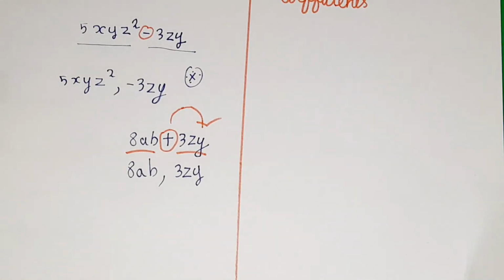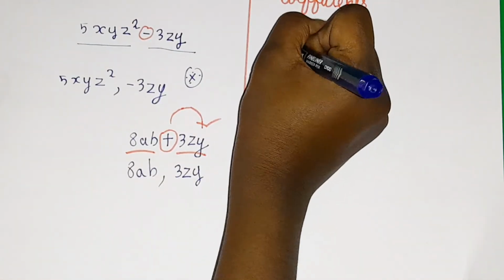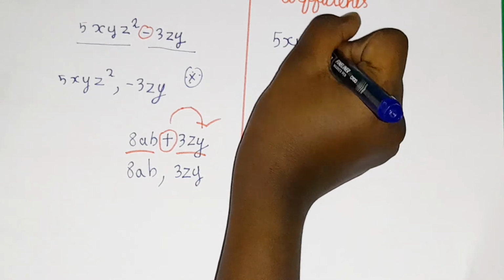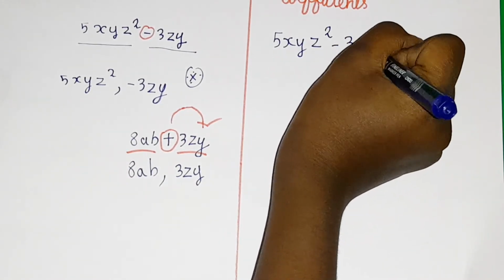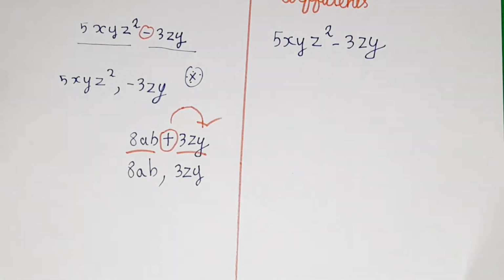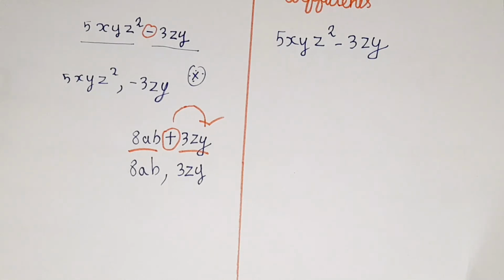So for example, the first question again. Okay. So the first question is 5xyz square minus 3zy. So here, first of all I would like to explain what is coefficient. The coefficient means a variable's number, like there will be a number with a variable together, am I right?